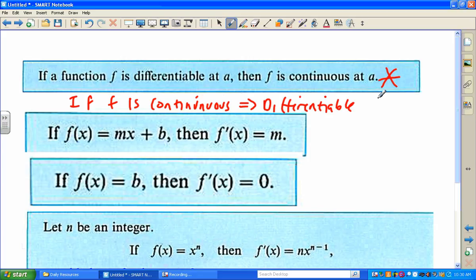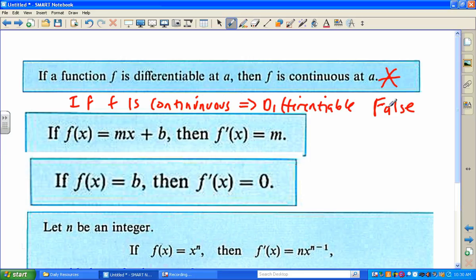And the answer is false. So the converse is not true. Only the fact that if f is differentiable, that makes the function continuous. There are some other properties there you might want to write down. I'll give you a minute to jot those down.